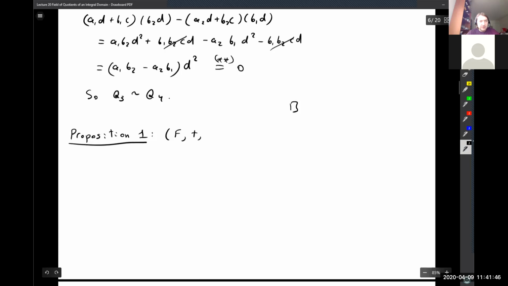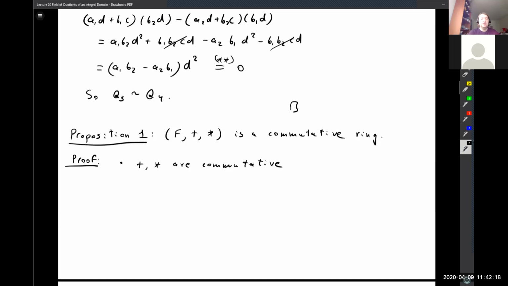F together with the binary operations plus and star is a commutative ring. The proof would go as follows. Obviously, from the start, we know that plus and times are commutative. It just explicitly follows from their definition.